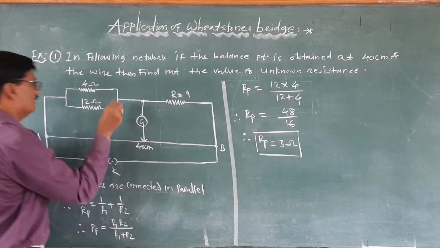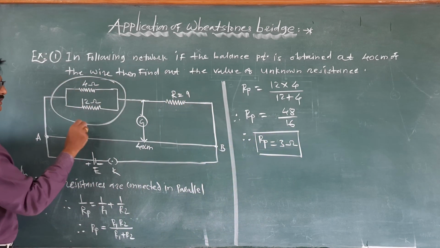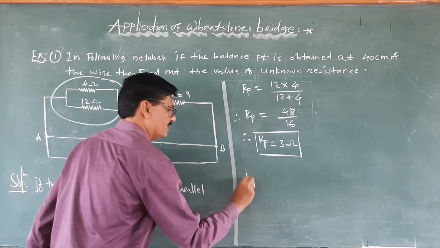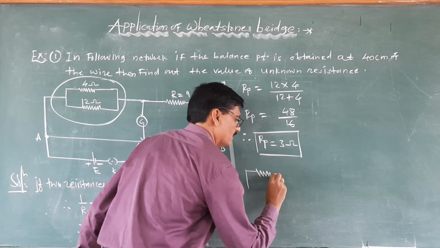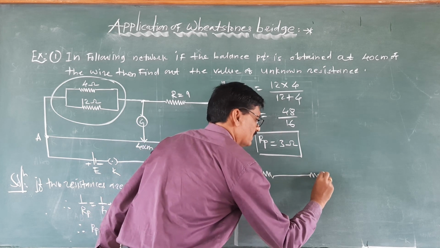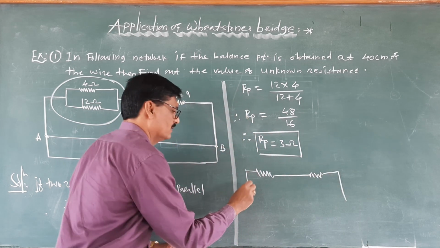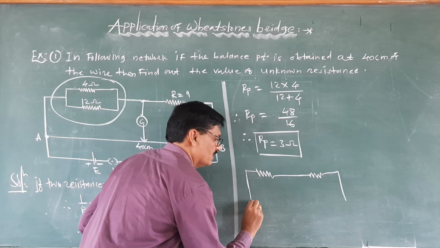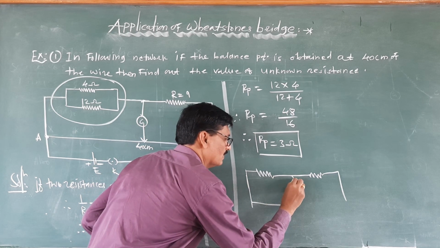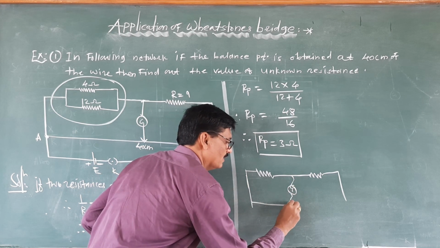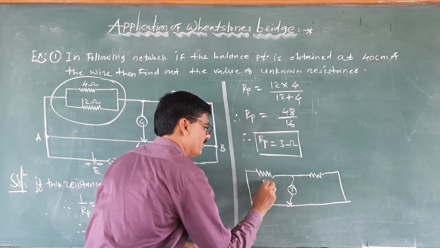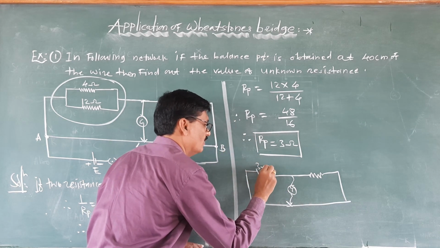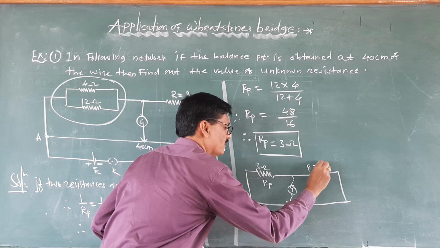The value of RP is equal to 3 ohm, and therefore the circuit becomes: this is RP, 3 ohm, then another resistance R whose value we have to find, connected to the galvanometer.